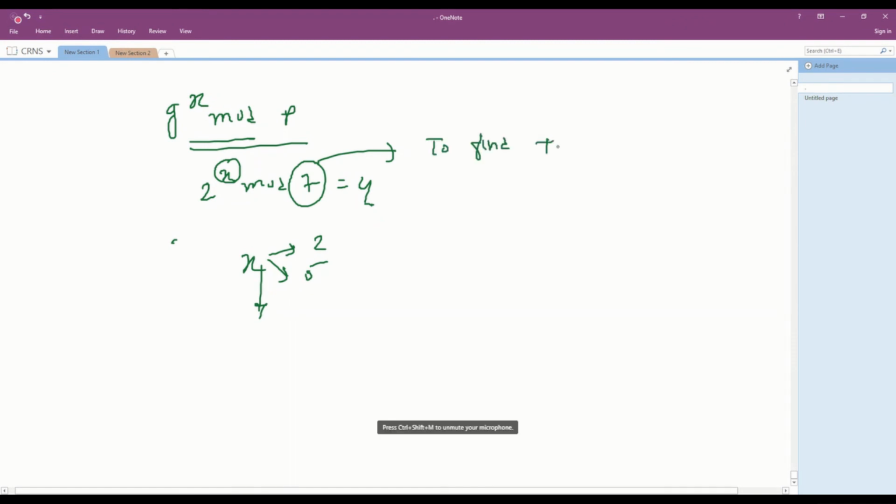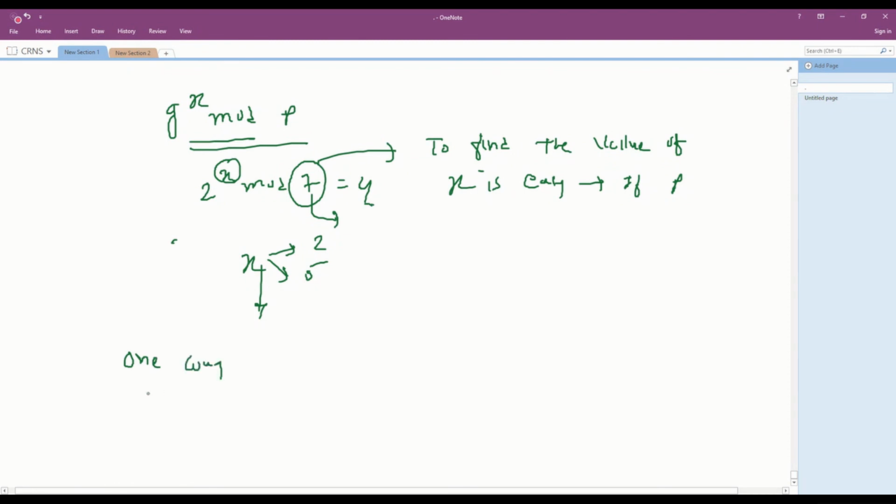Now, finding the value of x is easy if p is a small number, that is, the prime number I am talking about. So the strength of the one-way function depends on what? How much time it takes to break.